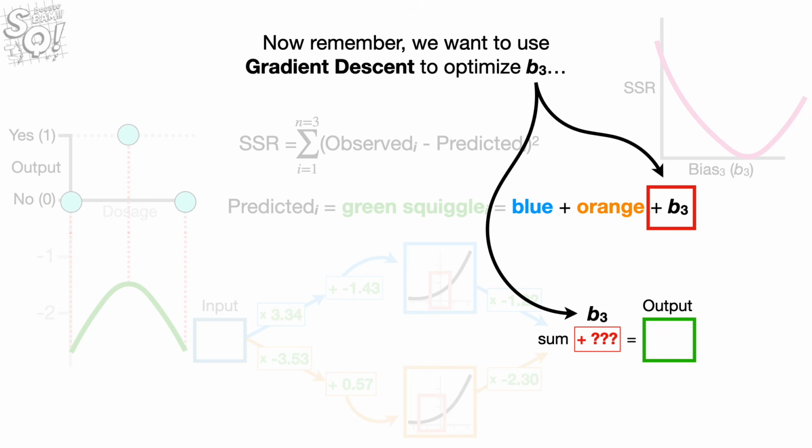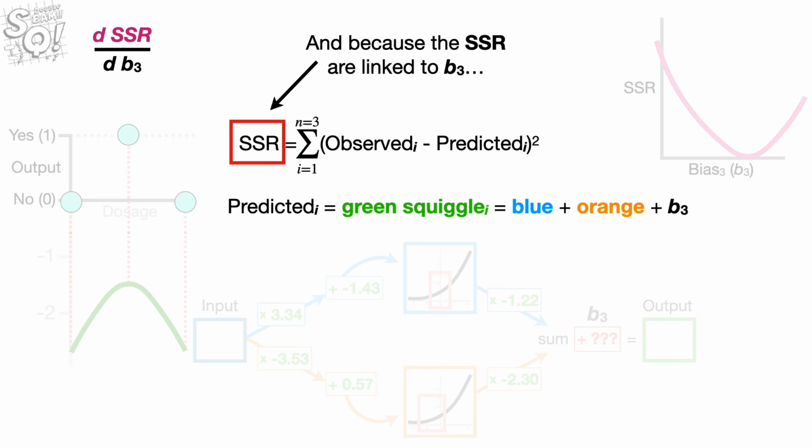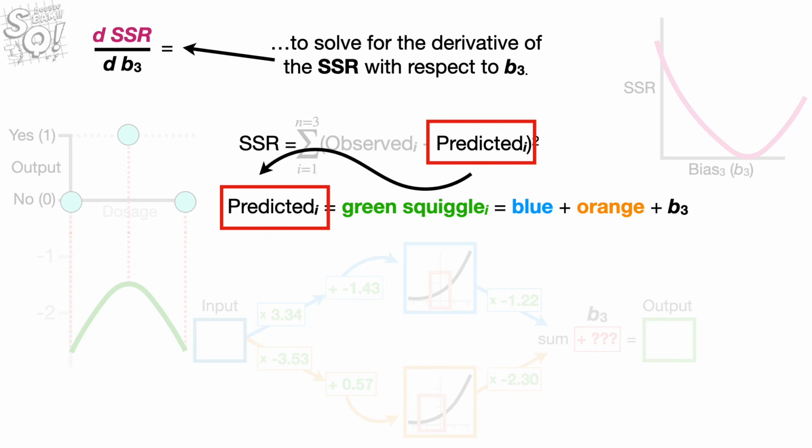Now remember, we want to use gradient descent to optimize b sub 3. And that means we need to take the derivative of the sum of the squared residuals with respect to b sub 3. And because the sum of the squared residuals are linked to b sub 3 by the predicted values, we can use the chain rule to solve for the derivative of the sum of the squared residuals with respect to b sub 3.